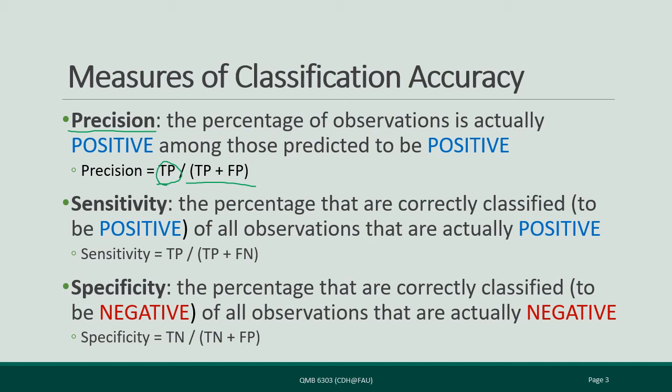The other two are actually more important, the sensitivity and the specificity, and those are used a lot more often. The sensitivity is the true positives among all of those that are actually positive.